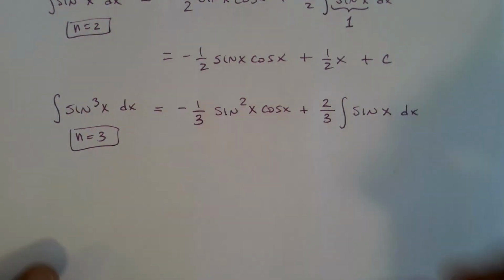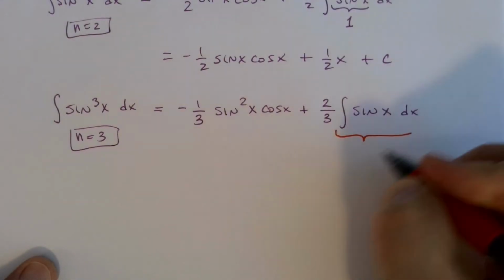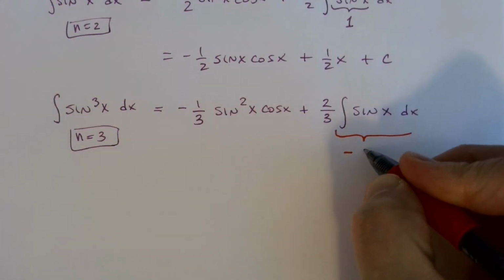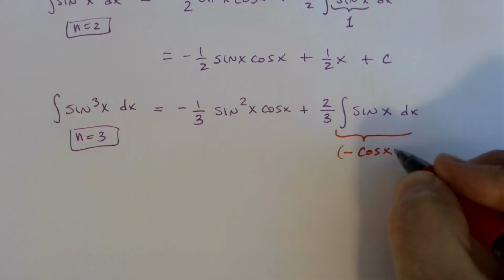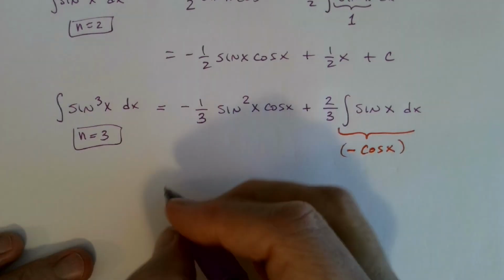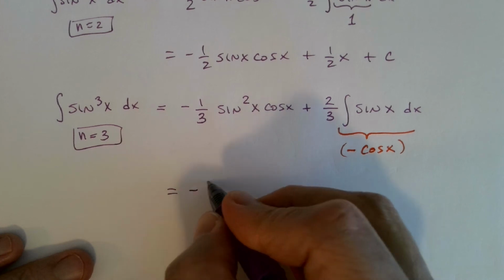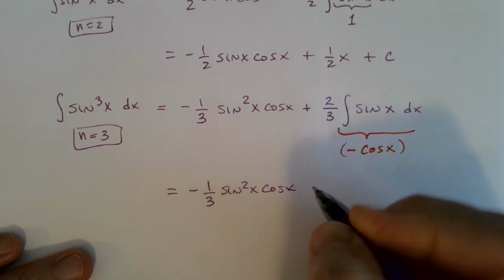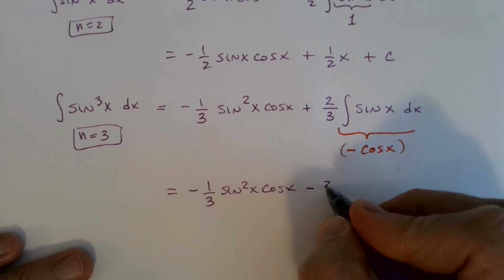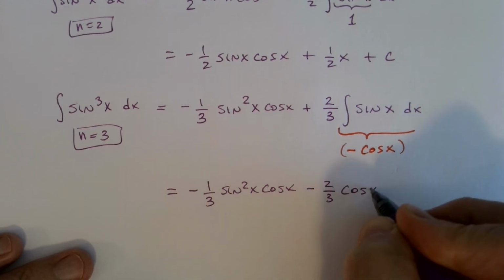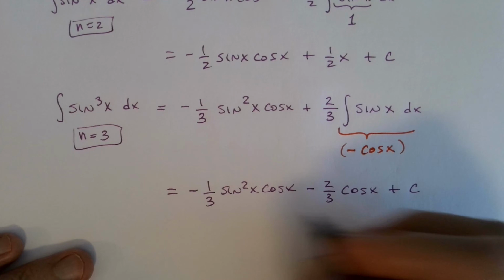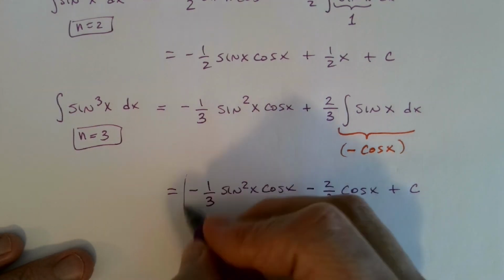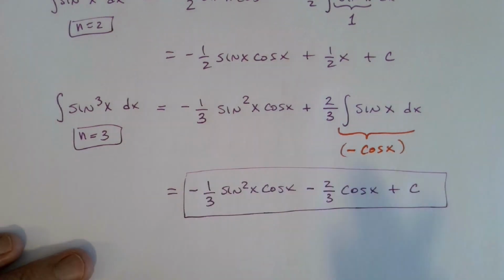And now I can evaluate the integral of sine of x because that is negative cosine of x. And so the integral of sine cubed is negative 1/3 sine squared x cosine of x minus 2/3 cosine of x plus c. There's the antiderivative of sine cubed x.